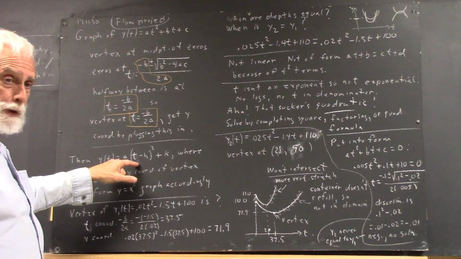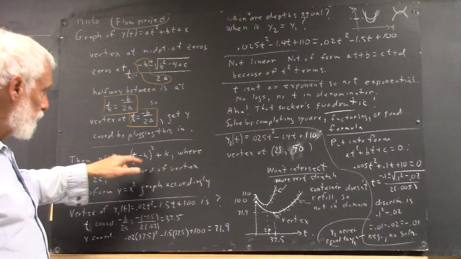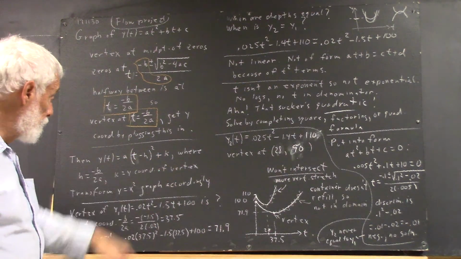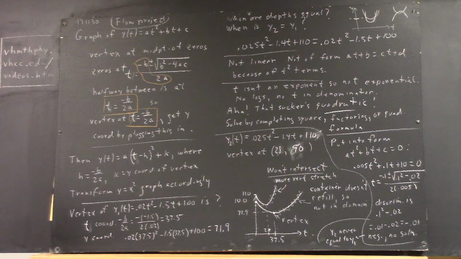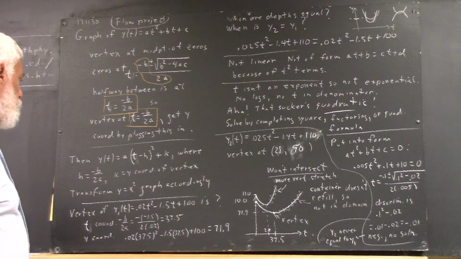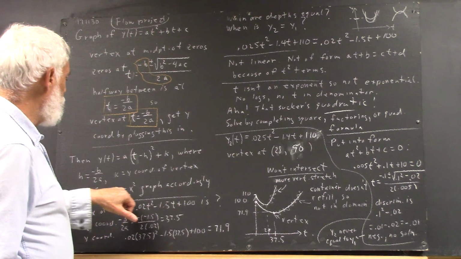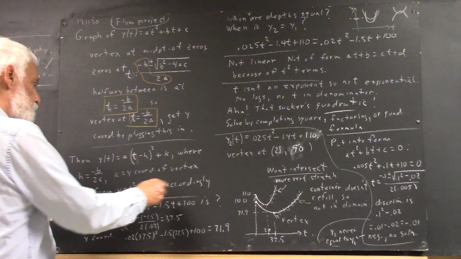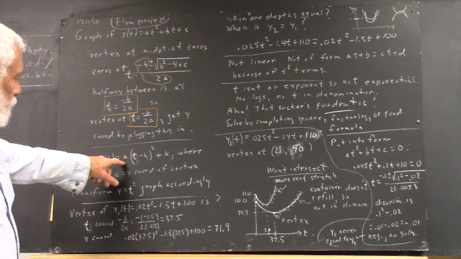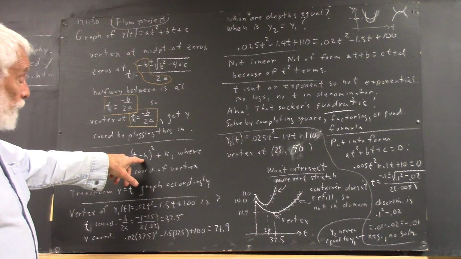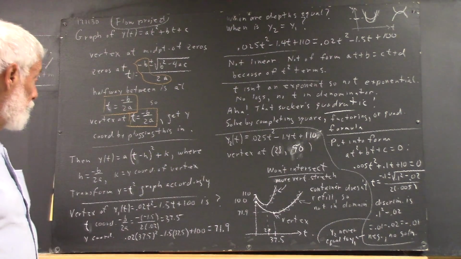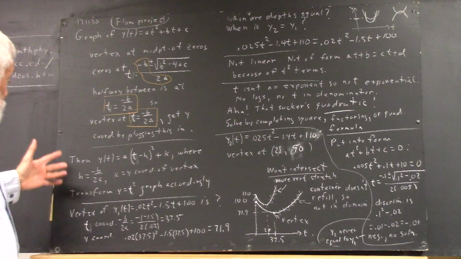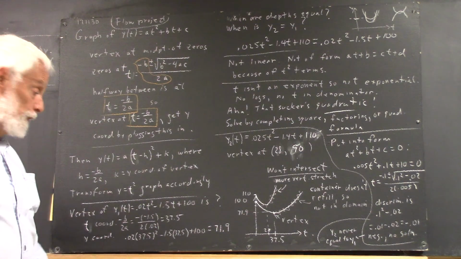Now I had x here because we're familiar with the a times x minus h squared plus k form, or we should be familiar with that, graphing by transformations. So we could transform the y equals x squared graph, but now I'm going to call it the y equals t squared graph. Vertical stretch by factor a, horizontal shift of h, vertical shift of k. This is how we graph one of these functions.